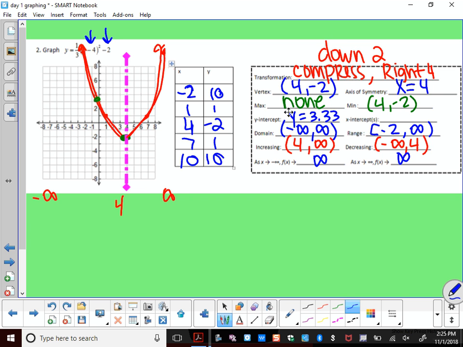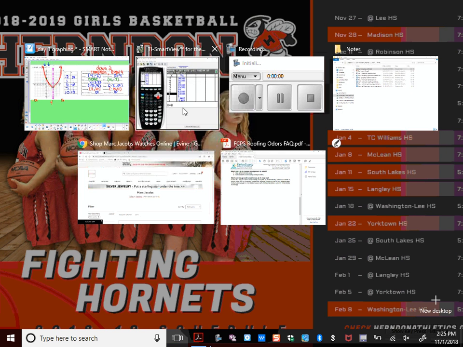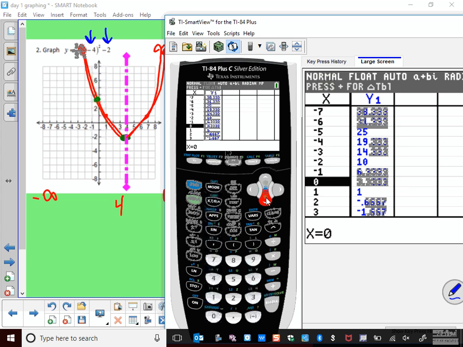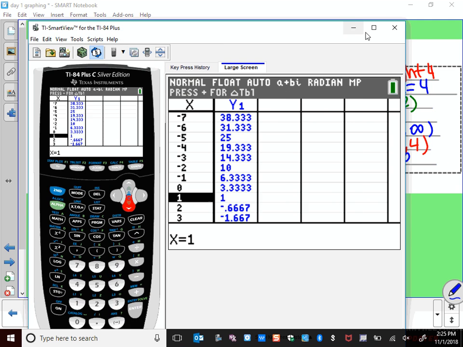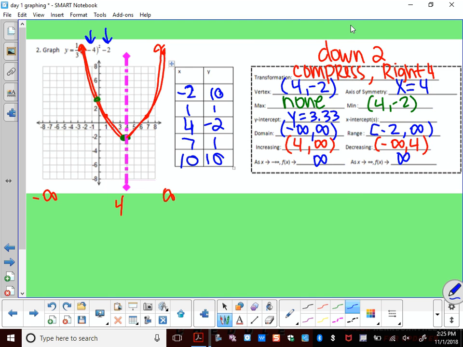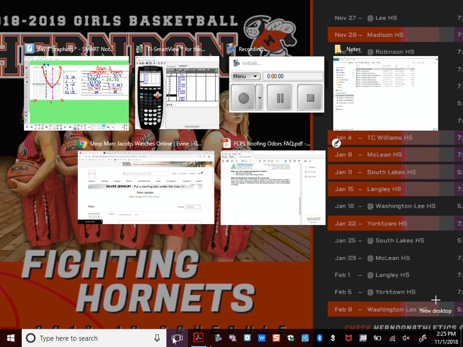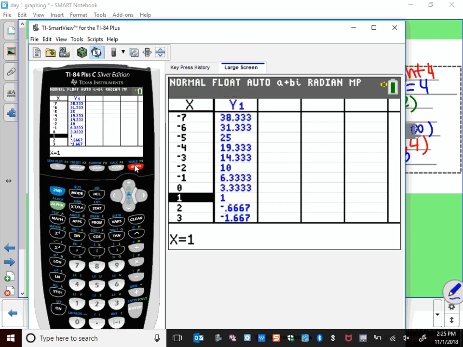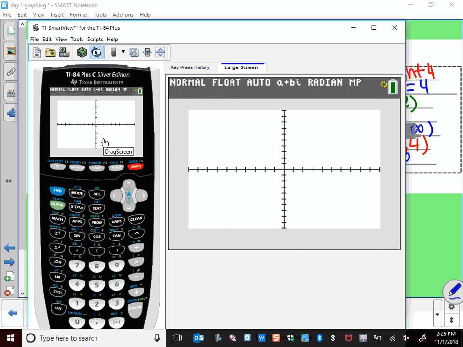My x-intercepts, I'm going to see here. I don't have a 0 for my y column, so that tells me I have a decimal or a fraction. So let's just estimate. I can't even read the graph. Let's get the actual graph. This is what it looks like.